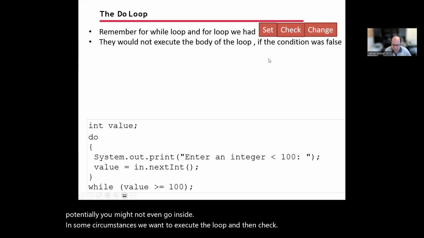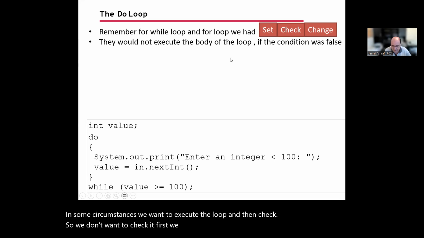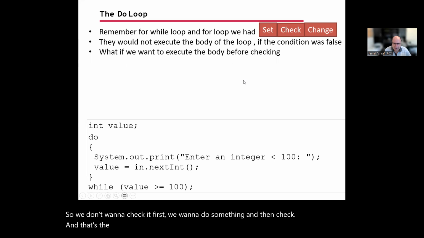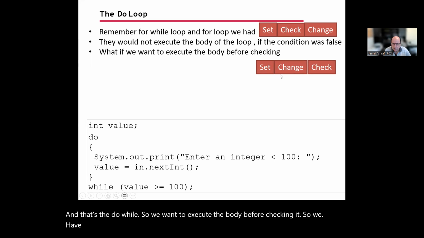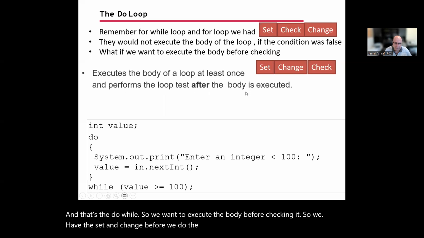So we don't want to check it first. We want to do something, then check it. And that's the do while. We want to execute the body before checking it, so we have the set and change before we do the check. So we're going to look at that one.